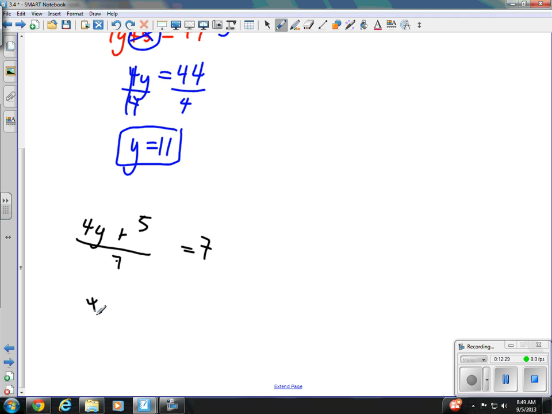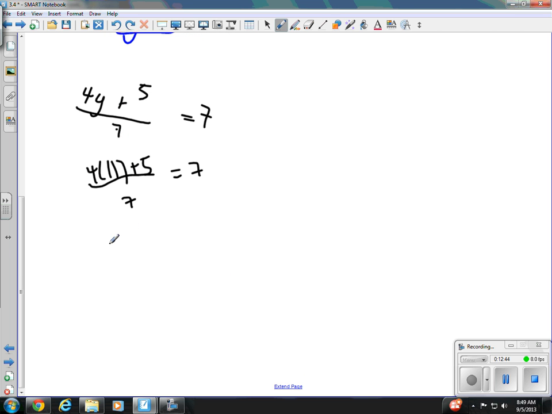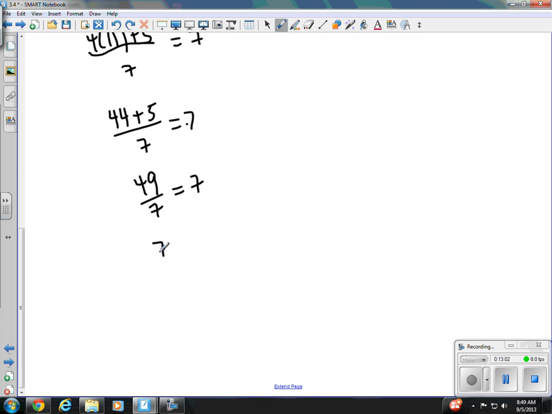So 4 times 11 plus 5, over 7, equals 7. 4 times 11 is 44, plus 5 over 7 equals 7. 44 plus 5 is 49 over 7 equals 7. And then we say 49 divided by 7 is 7, so 7 equals 7, and we check.